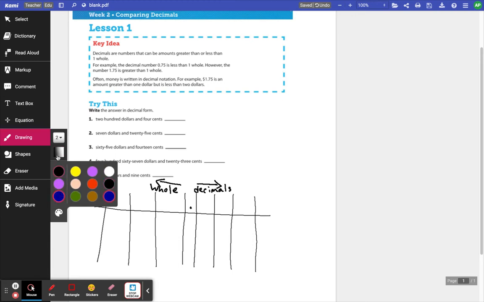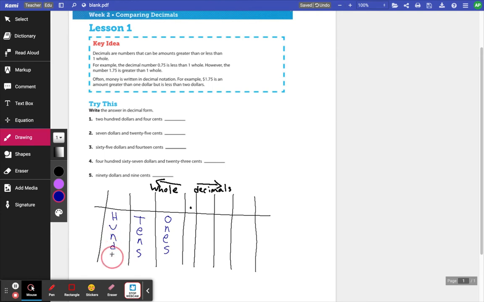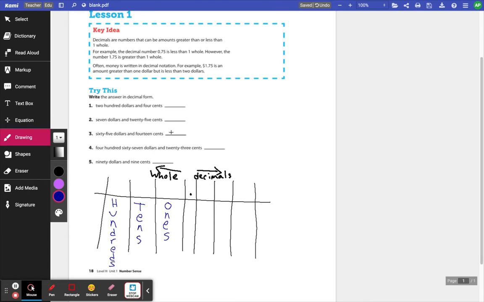So let's write this in blue. So the place right next to the decimal on the left, that is the ones place. The next spot is the tens and the hundreds. All right.